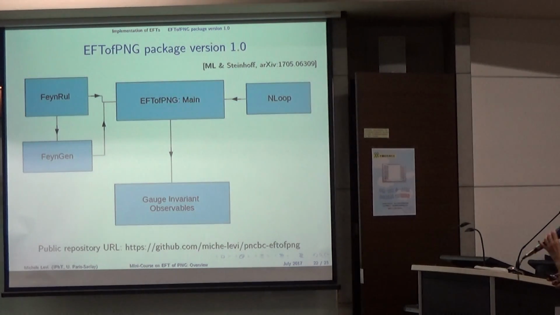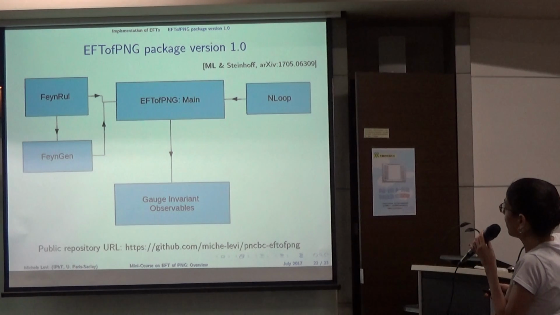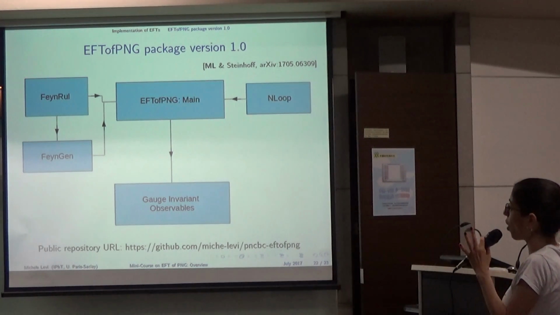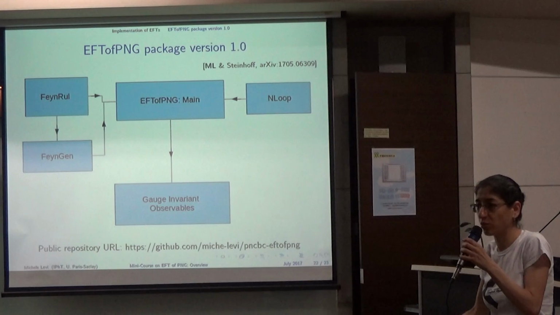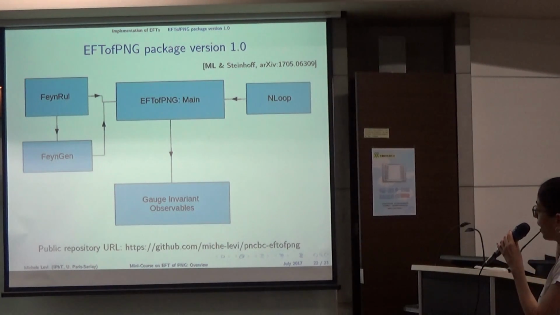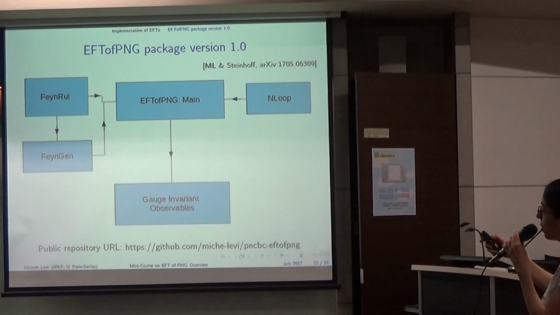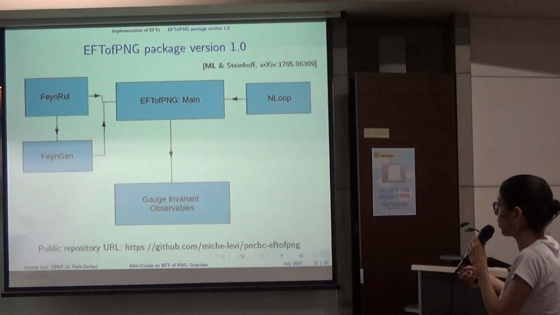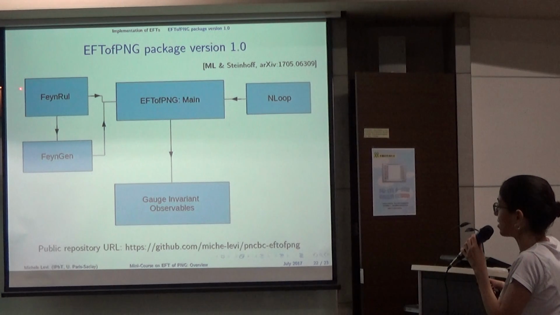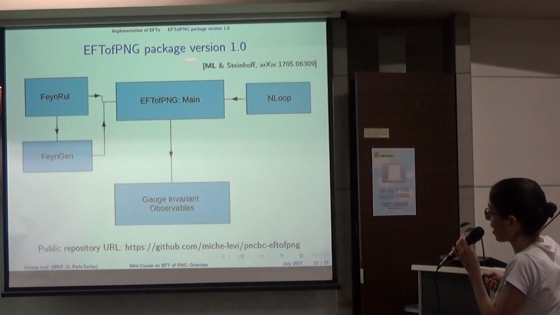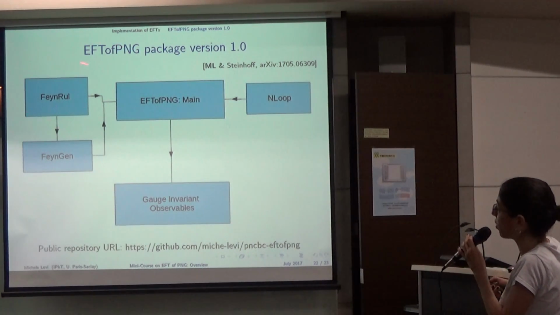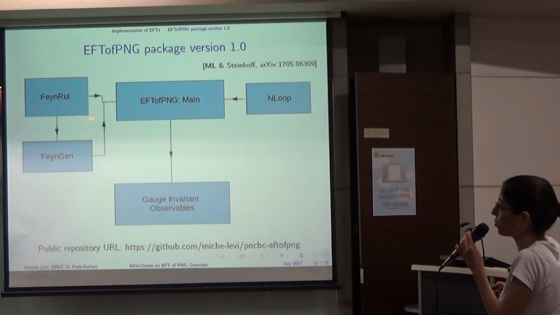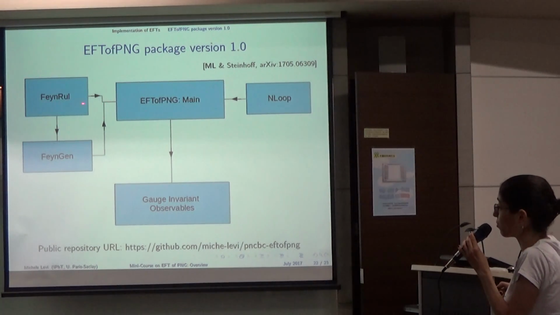Okay, I will just mention the code that we put out. We created this code and tried to put all of what I was presenting to you before into a public code that will do everything from scratch to the most advanced thing that we can do. I started by presenting the theory, so in the code we start from the theory and go to the derivation of the actual final rules.